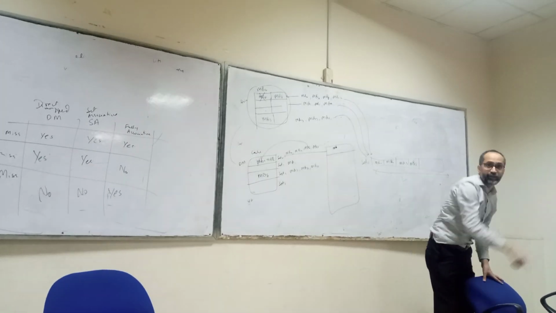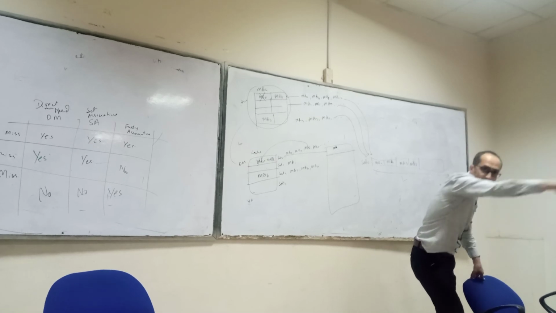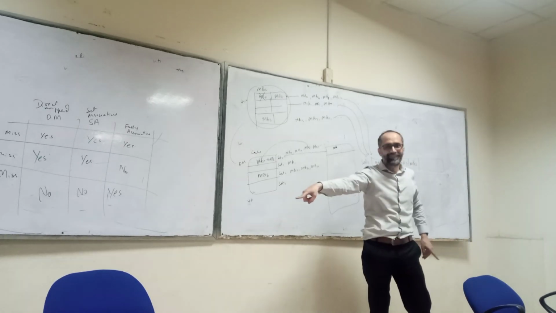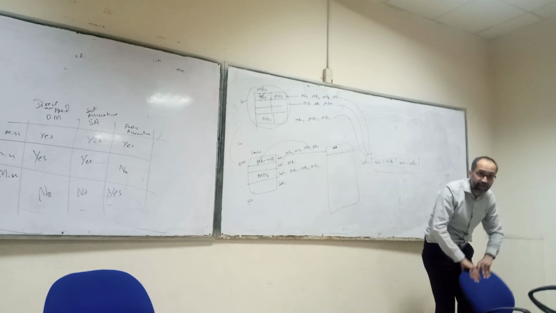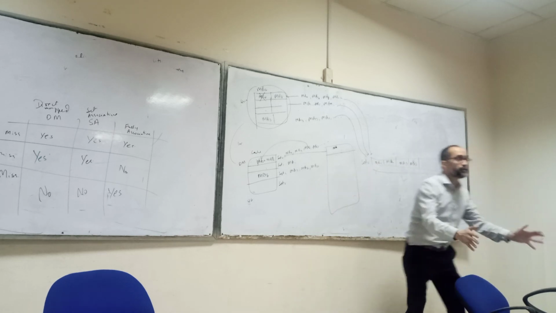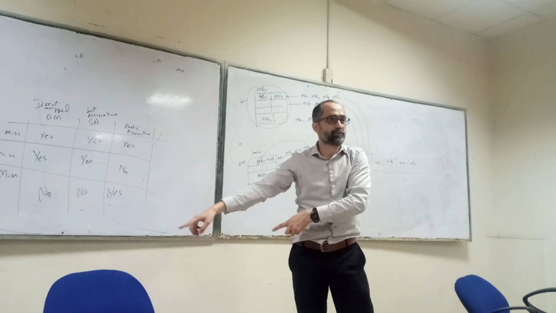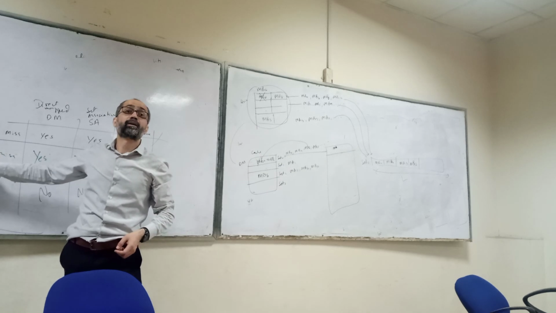If another student wants to sit here, we have to kick her out and bring in the new one, even though that chair is empty. It is because of the conflict, because this chair is shared by all the students sitting in this region. They cannot sit in the other region. So this type of miss is called a conflict miss.